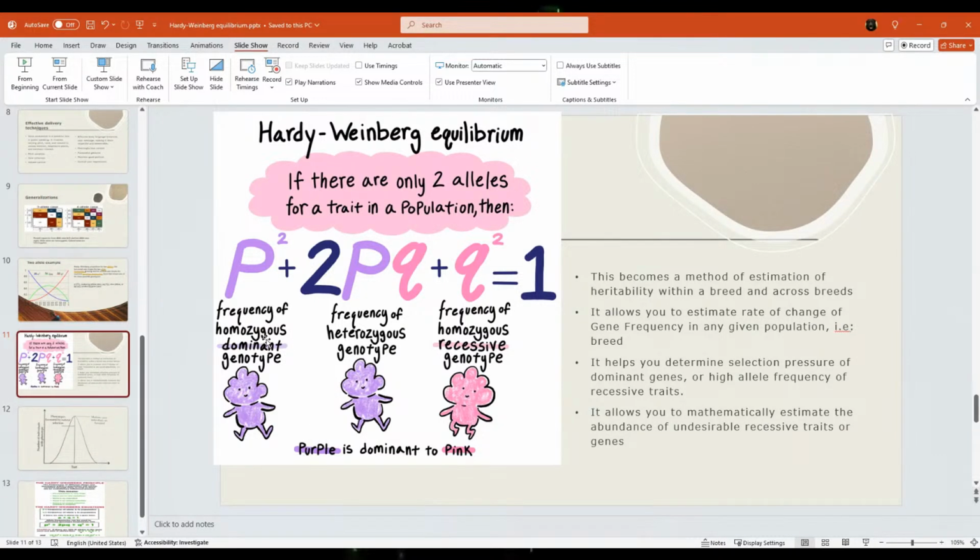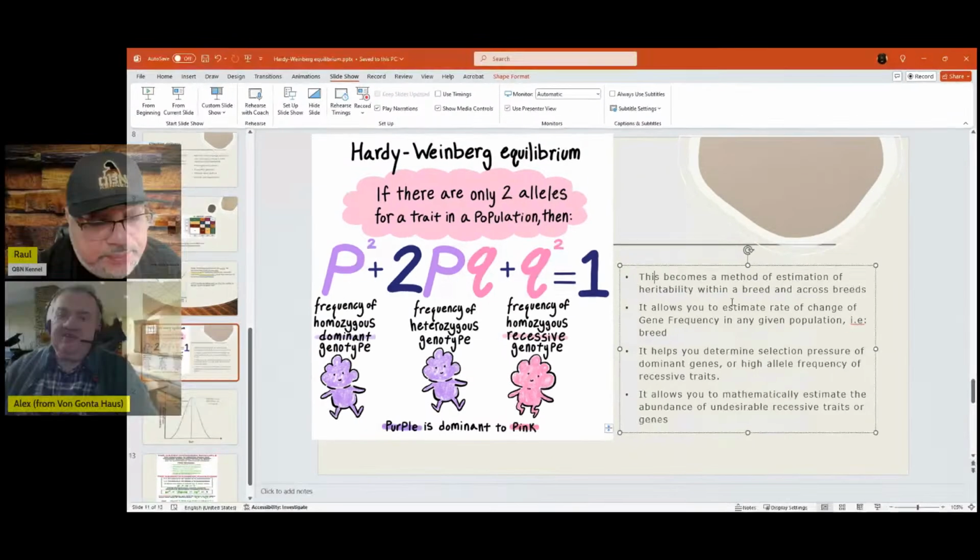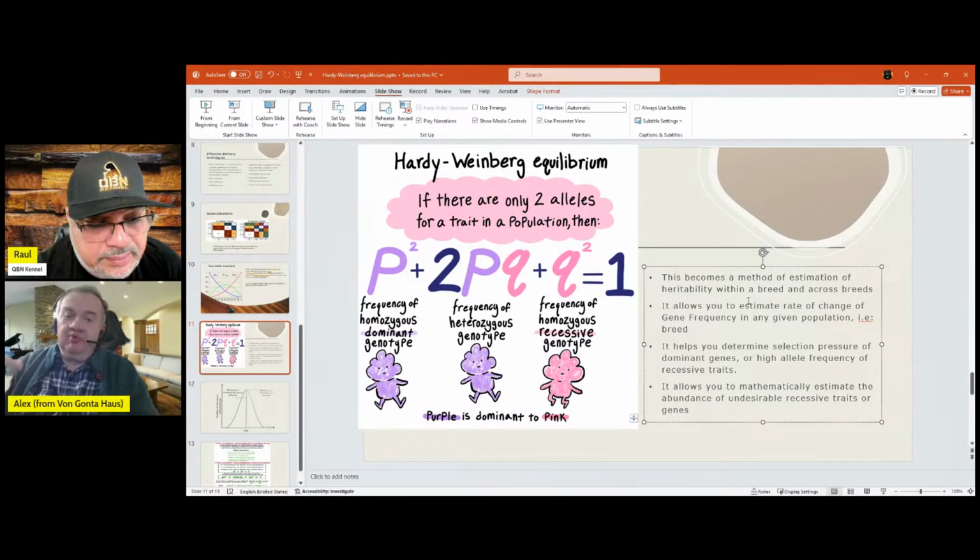P is the frequency of the dominant gene, Q squared is the recessive gene, and 2PQ is the admixture of both dominant and recessive. Now, what is the purpose of this? This becomes a method of estimation of heritability within the breed and across breeds. It tells you which characteristics are going to be highly heritable within a breed, whether it's for a short nose or long ears or floppy ears, whatever the characteristic is.